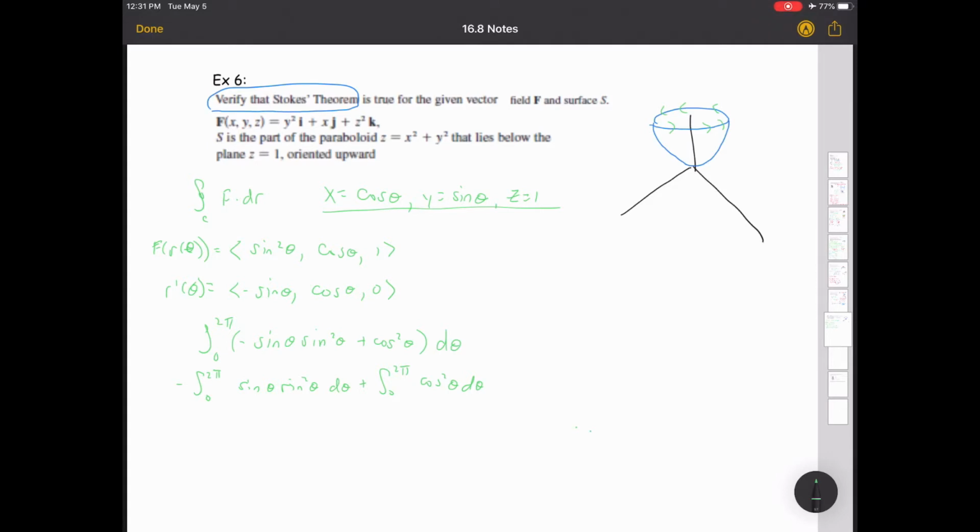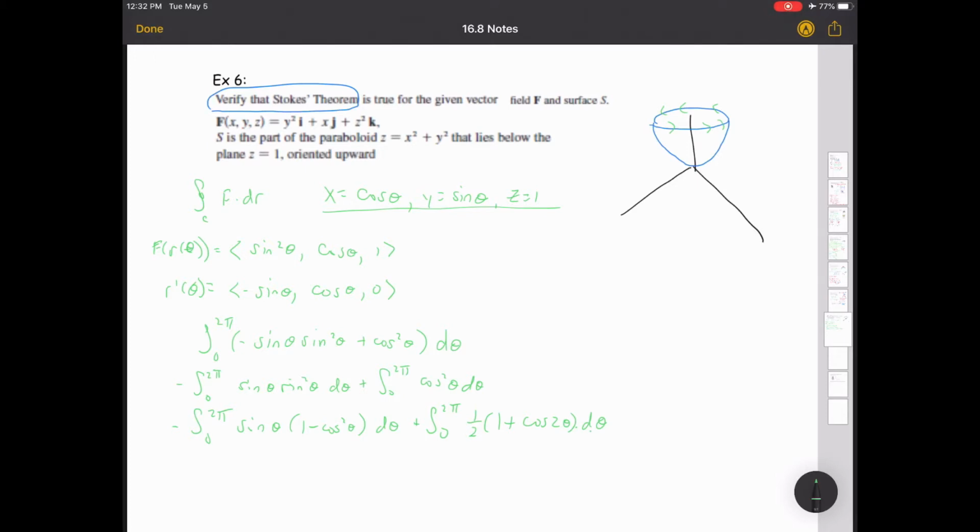So I'm going to do 1 minus cosine squared for sine squared theta. So we're going to rewrite this 0 to 2 pi sine theta times 1 minus cosine squared theta d theta. And in the second one, we're just going to do a reduction. We're going to change cosine squared to 1/2 times 1 plus cosine of twice the angle d theta.